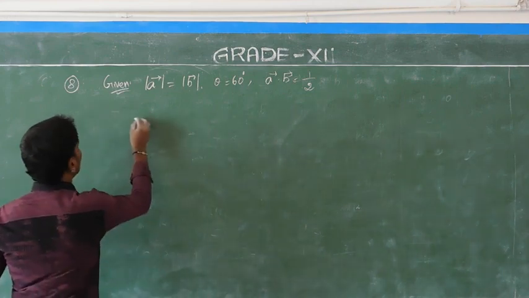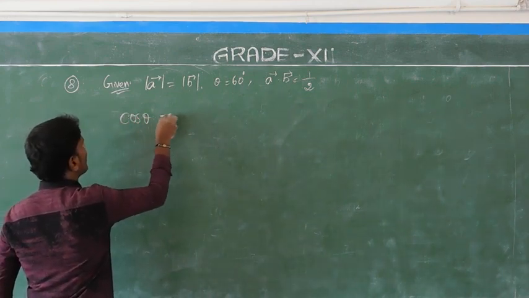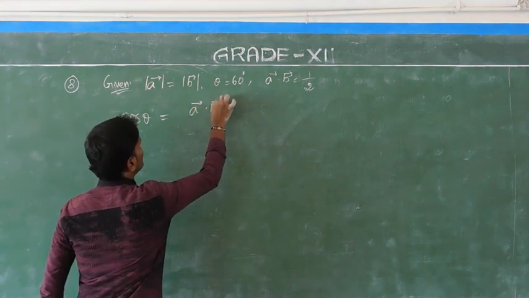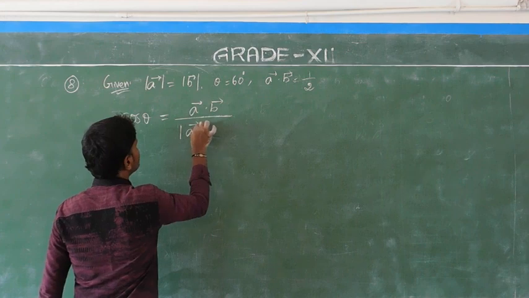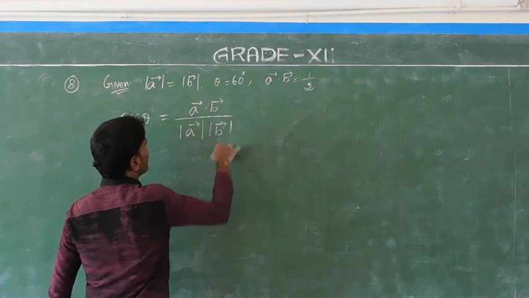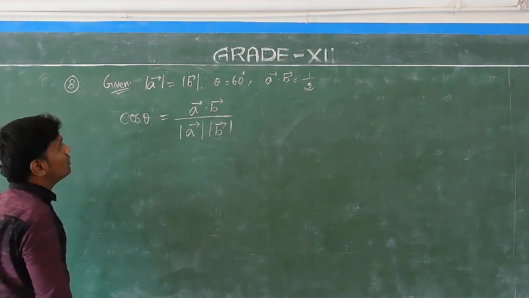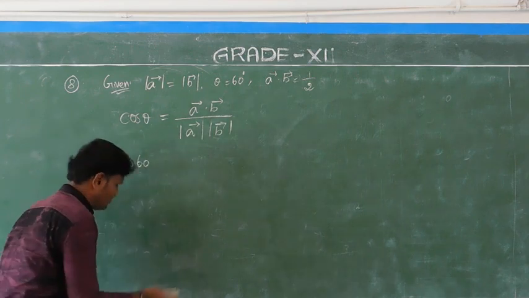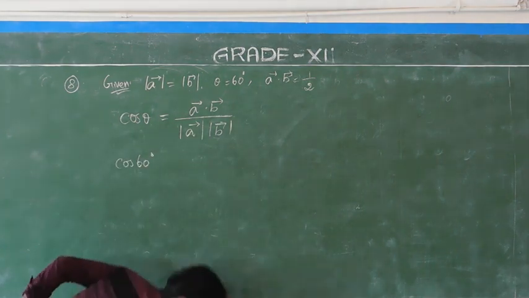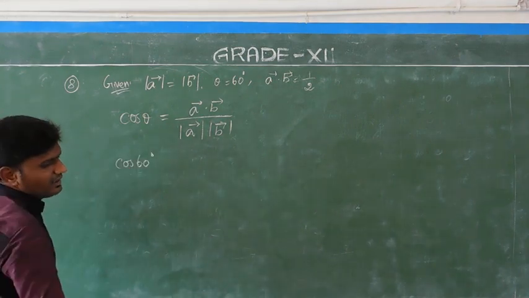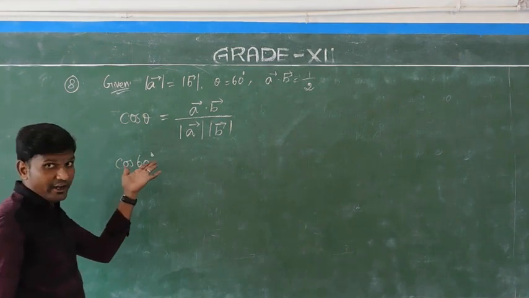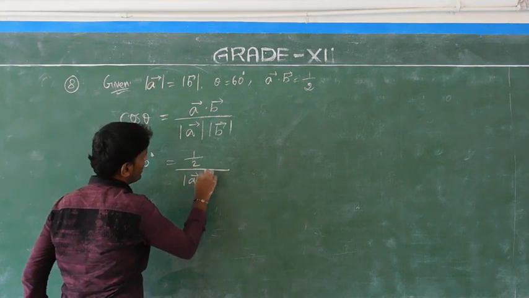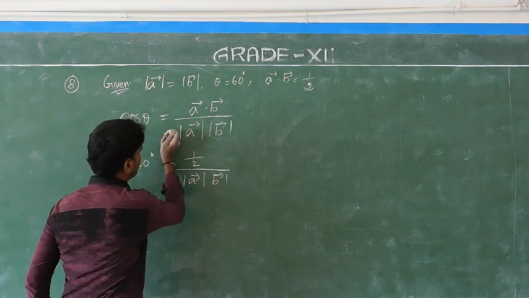Now you have a formula: cos theta equals a dot b whole divided by modulus of a into modulus of b. Cos theta, with theta 60 degrees, is cos 60. a dot b is given as 1 by 2, divided by modulus of a into modulus of b.